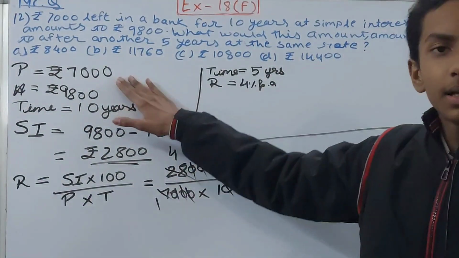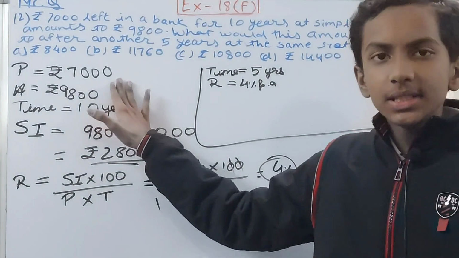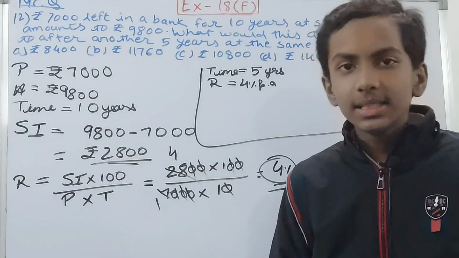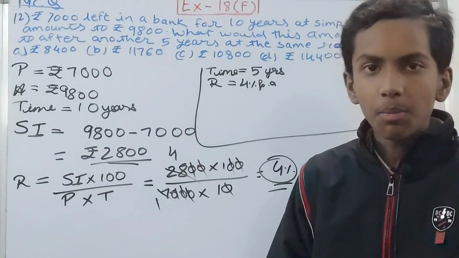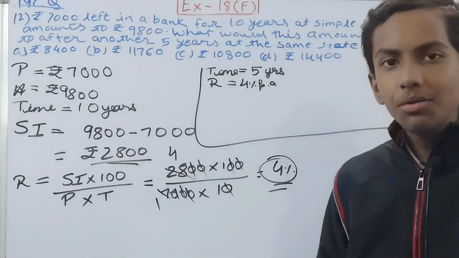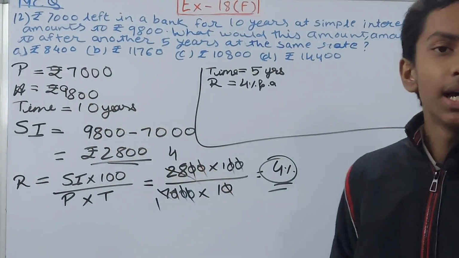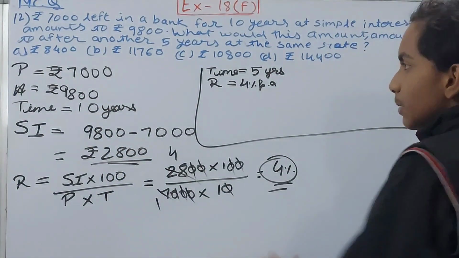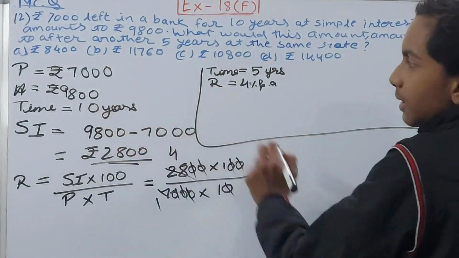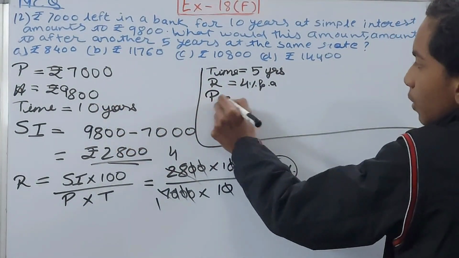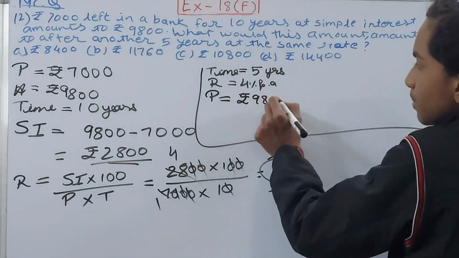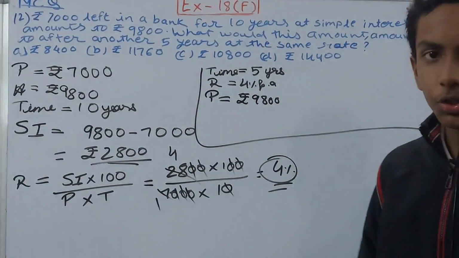You will take your principal as rupees 7,000, but that is not what the question says. So we will take the amount as our principal. So principal also becomes rupees 9,800. Don't make this mistake, otherwise you will get the whole question wrong.